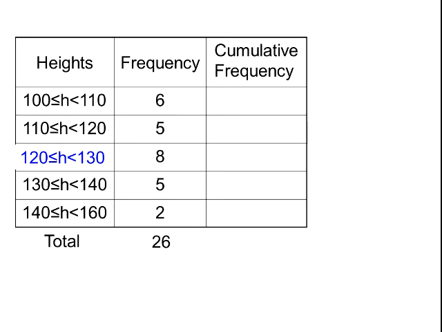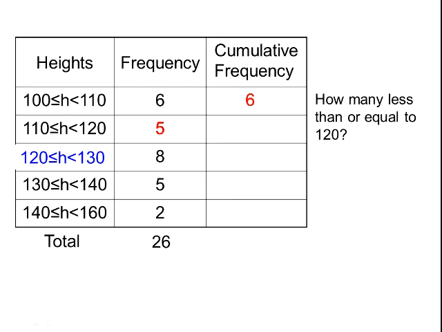To do that, we calculate what is called a cumulative frequency. So these are the questions we ask. This is height. How many people were less than 110? Well, that was 6. This time we're going to accumulate things, so we're going to keep it growing. How many are less than 120?